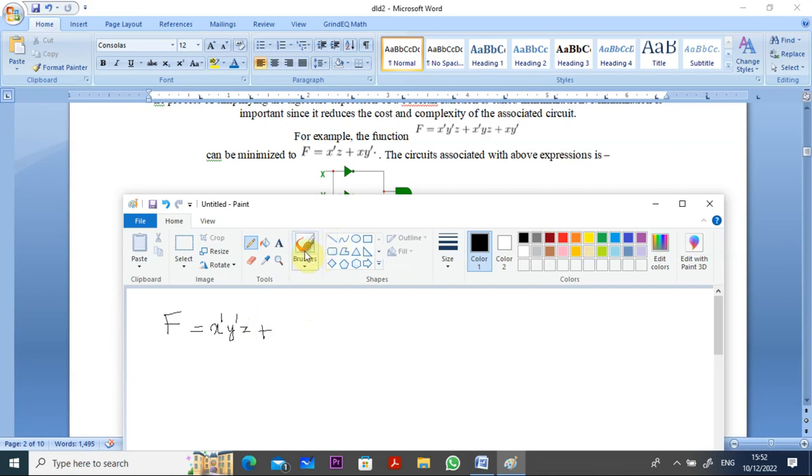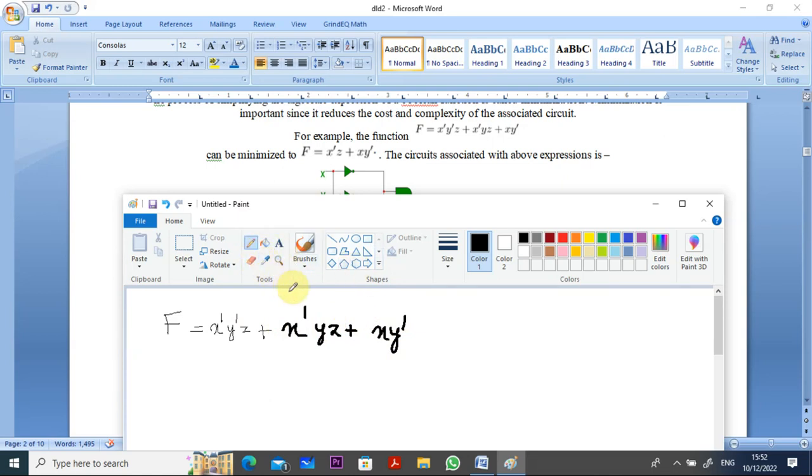You can increase the thickness, make the size a little thicker, no problem. So complement of x, complement of y into z. This equation I am solving. Then complement of x into y into z plus x into complement of y. This part you can erase; this mistake has been made.